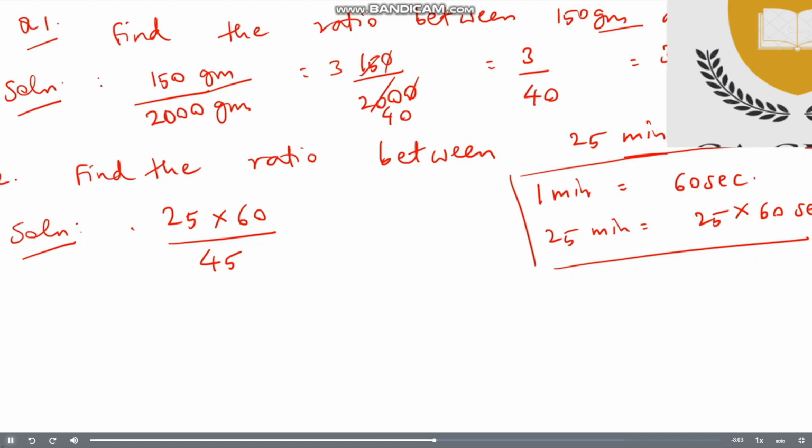So you need to simplify this. 100 by 3 is equal to 100 is to 3. This is a very important question.